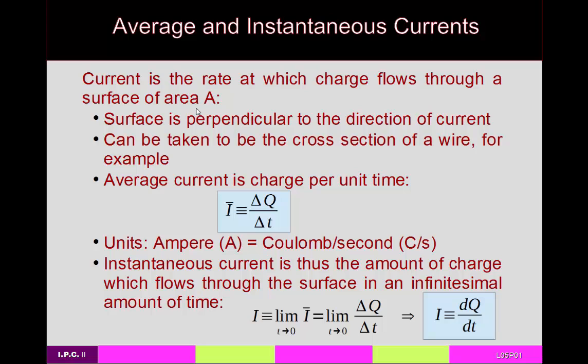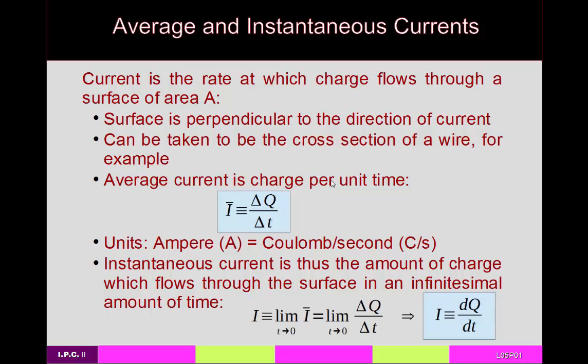With that said, we could take another cross section and still get the same result. So the cross section need not actually be perpendicular to the current. It simply needs to be a single surface and not a closed surface, as in the Gaussian case.